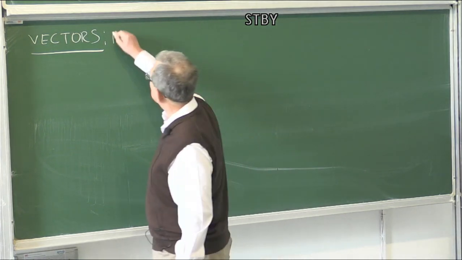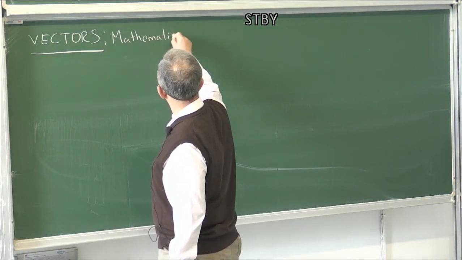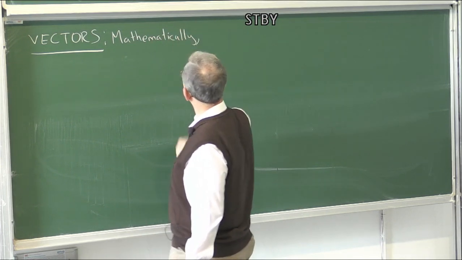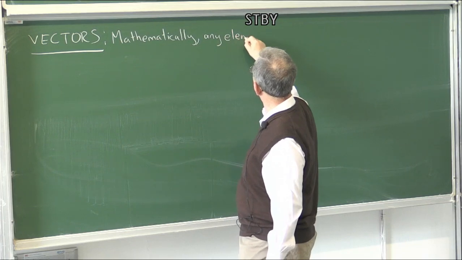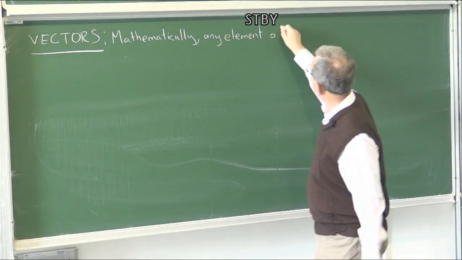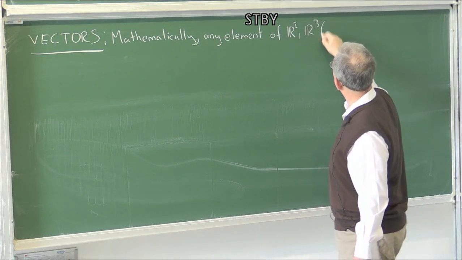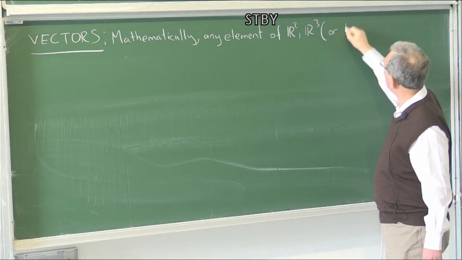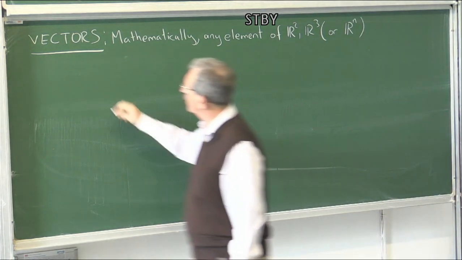Well, mathematically, any element of R2, R3, or Rn is called a vector.